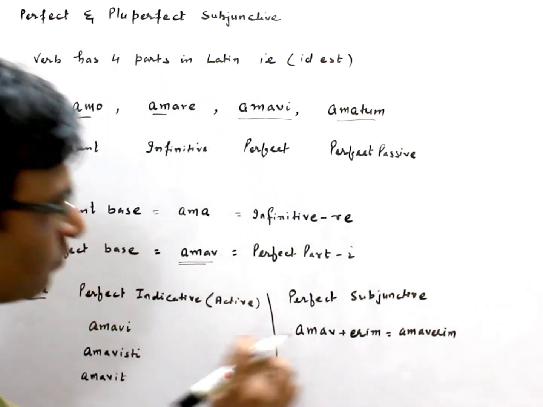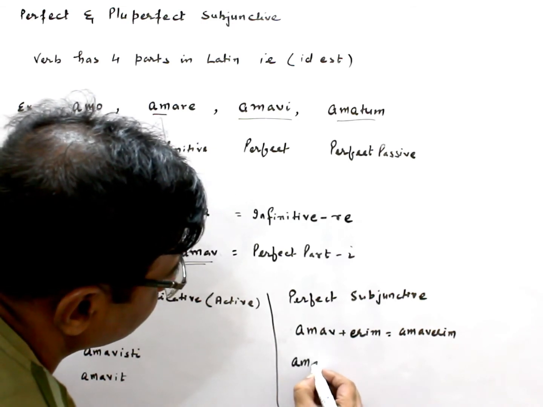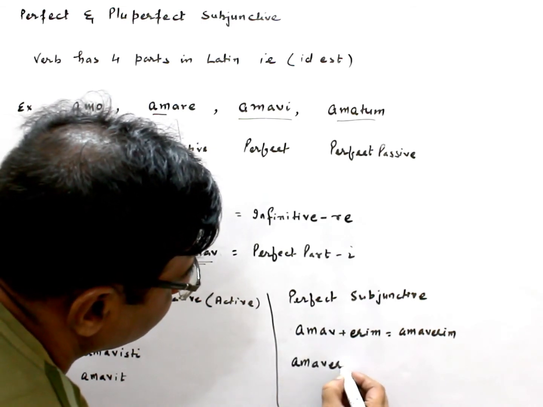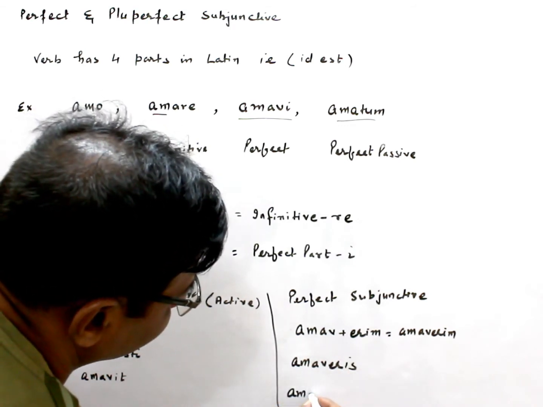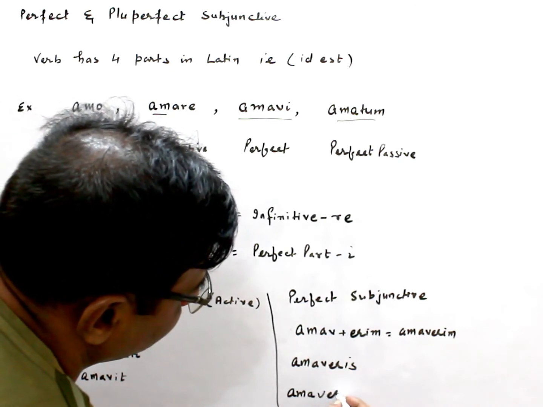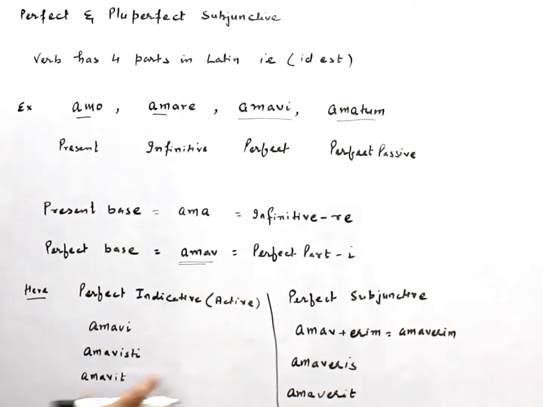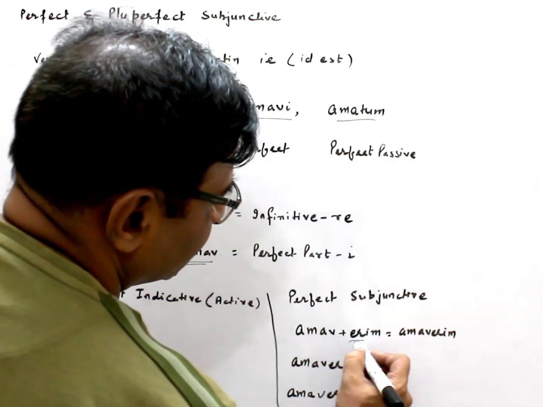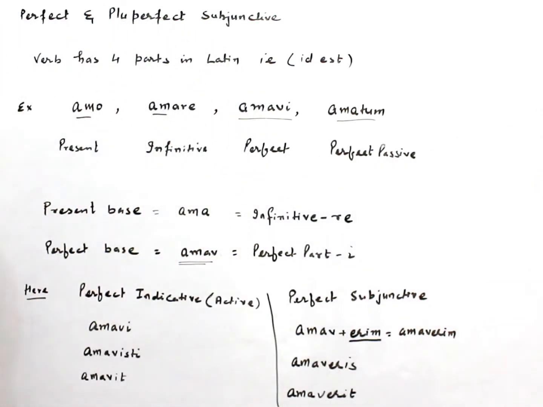And this is for I, for you amaveris, and for third person amaverit. So like this. So we have to remember that this part is added. Now in detail we write.